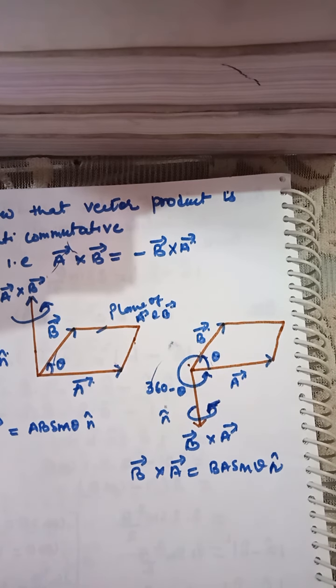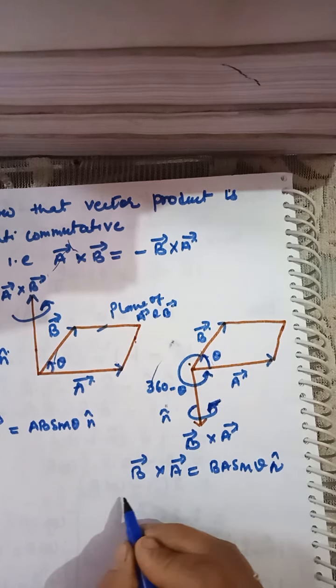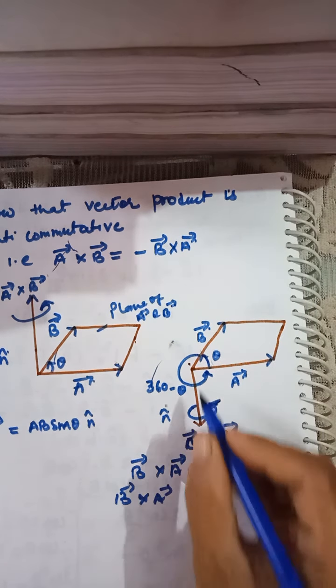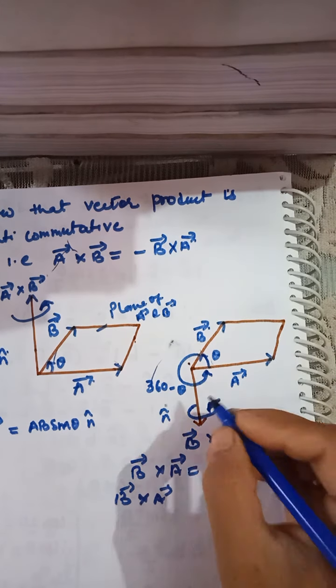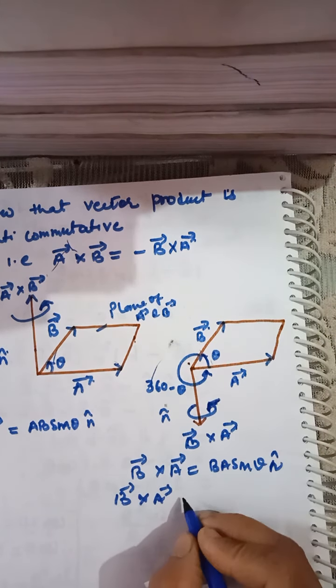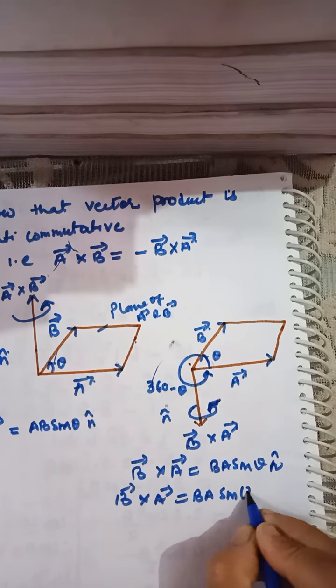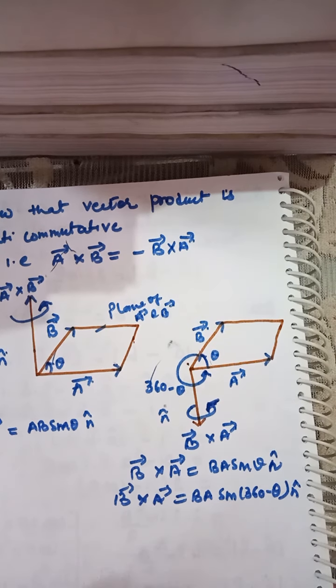Or one more thing we can do. If I take this condition, we write B vector cross A vector. What is the angle for B cross A if I take it from here? It is 360 minus theta. So this will be BA sine of 360 minus theta n cap.